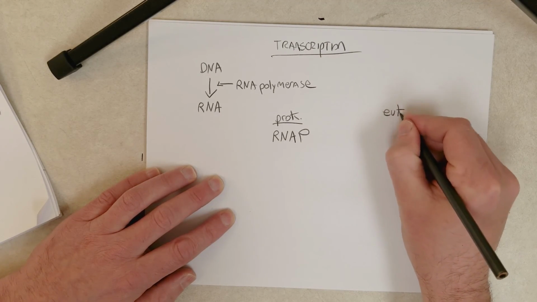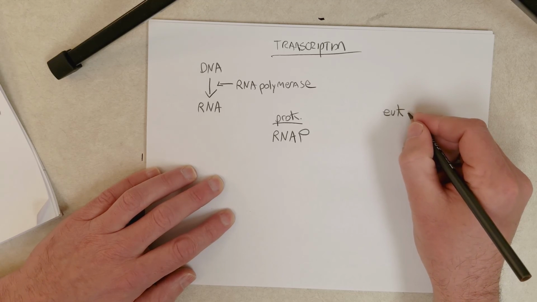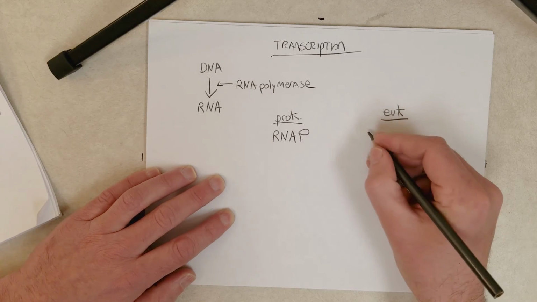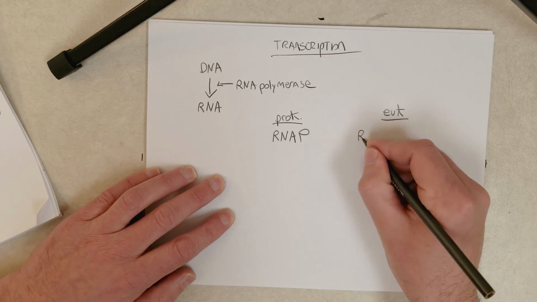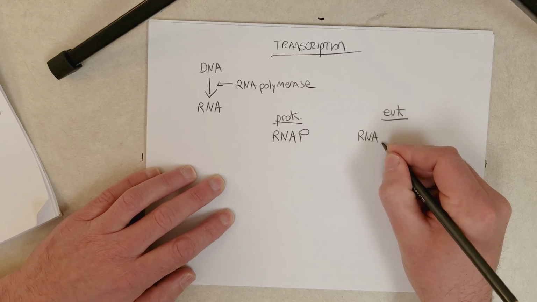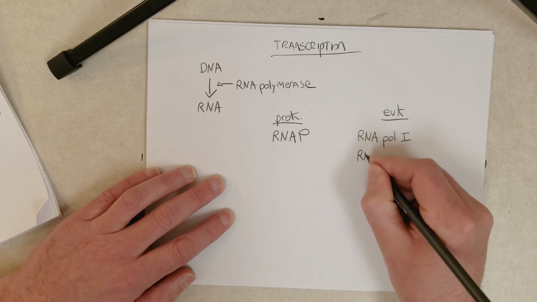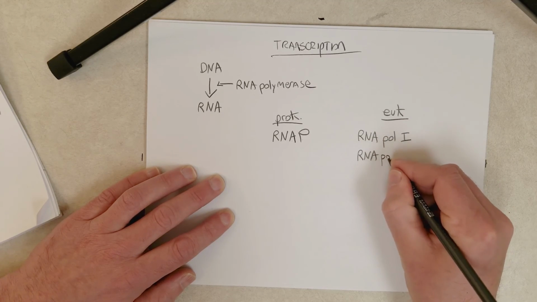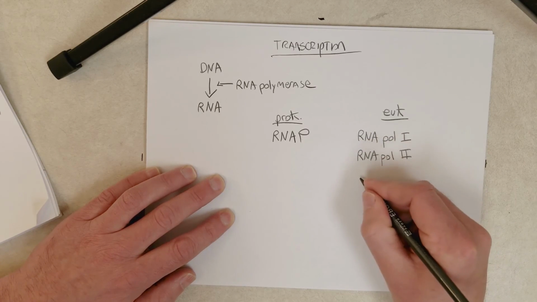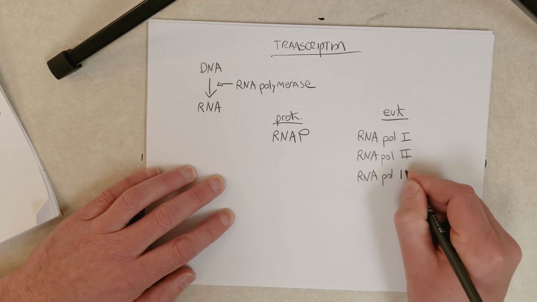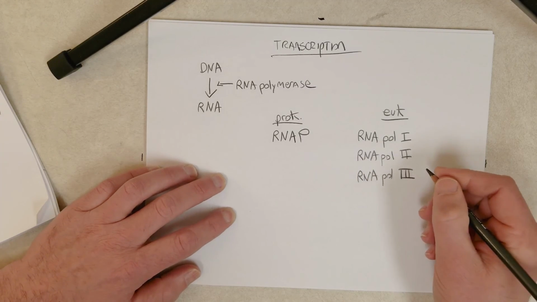Eukaryotes typically have 3 RNA polymerases, and they can have more than that, but we will focus on 3, and they are RNA polymerase 1, RNA polymerase 2, and RNA polymerase 3.